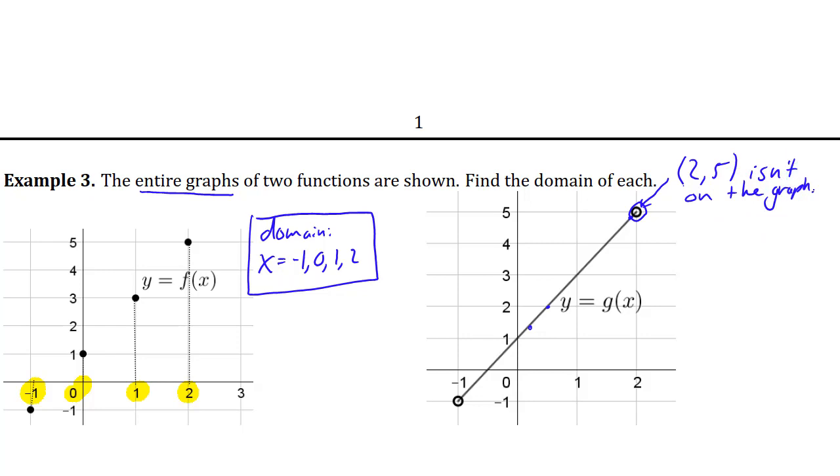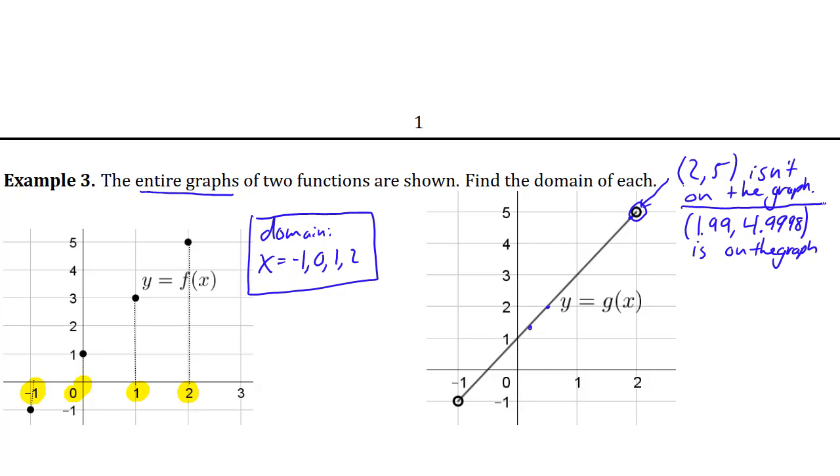But 1.99 for x is on the graph, and I guess the y coordinate that you would get out of that is probably something like 4.9998 or something like that. So that is on the graph, is what that means.